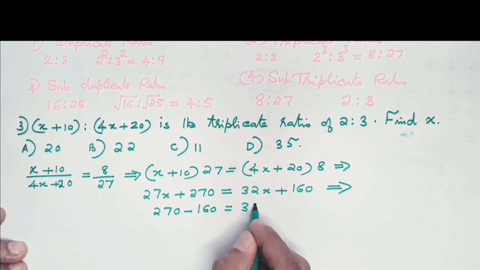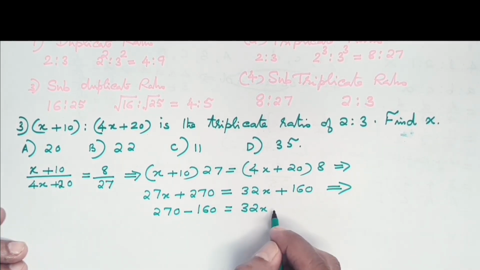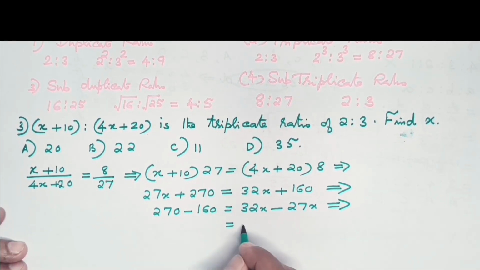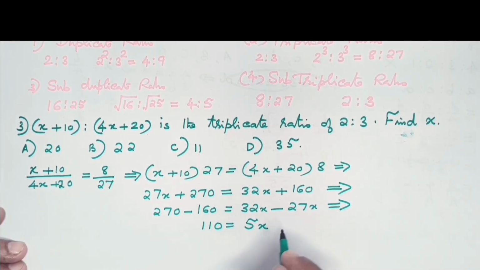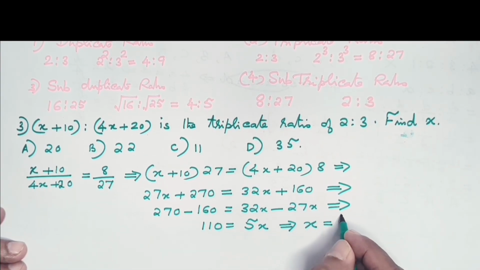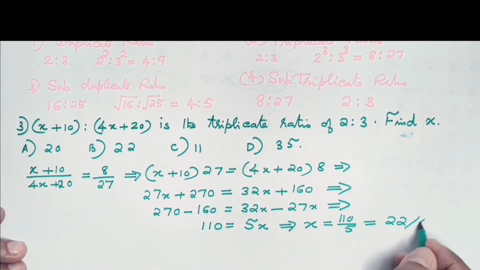Then 32x you write here. Take 27x to the right side. Plus becomes minus. 32x minus 27x, 5x. 270 minus 160, 110. So you write this, take 5 to the left side. So x will be 110 divided by 5, which is 22. And that is the second option.